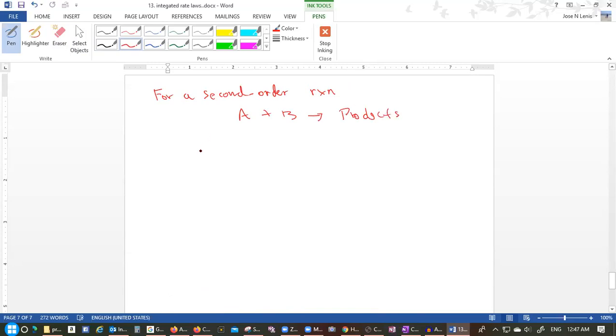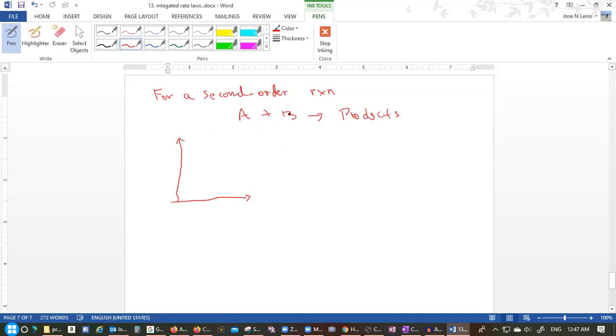Then we graph. What is the graph that confirms whether or not you have a second order reaction? How do you confirm whether or not you have a reaction with second order with respect to any of those reactants?